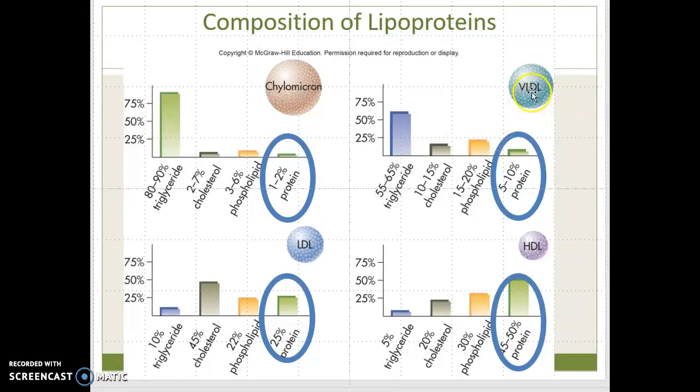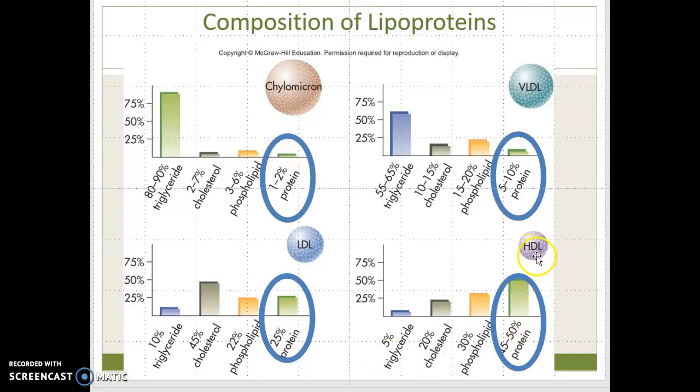So a VLDL, very low density. I always think of density, low density. Fat is low density because it always floats on water. So a very low density lipoprotein has higher fat content and lower protein. A very high density lipoprotein will sink because it has protein and less fat. Very low fat and very high protein.